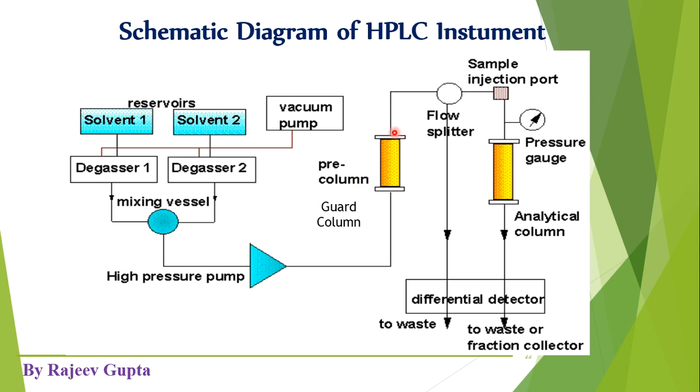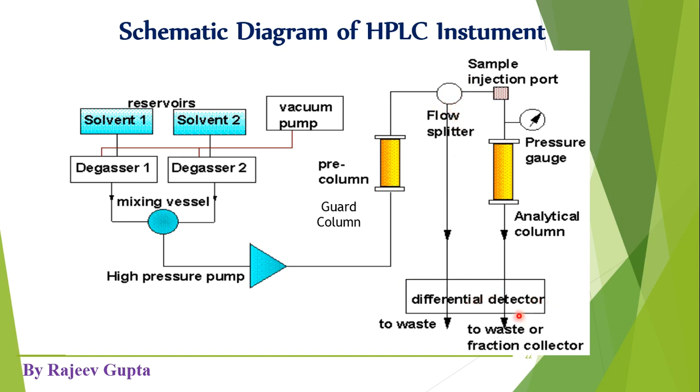Now after passing through this guard column, it moves to the flow splitter. The presence of this flow splitter depends on the nature of the detector used.